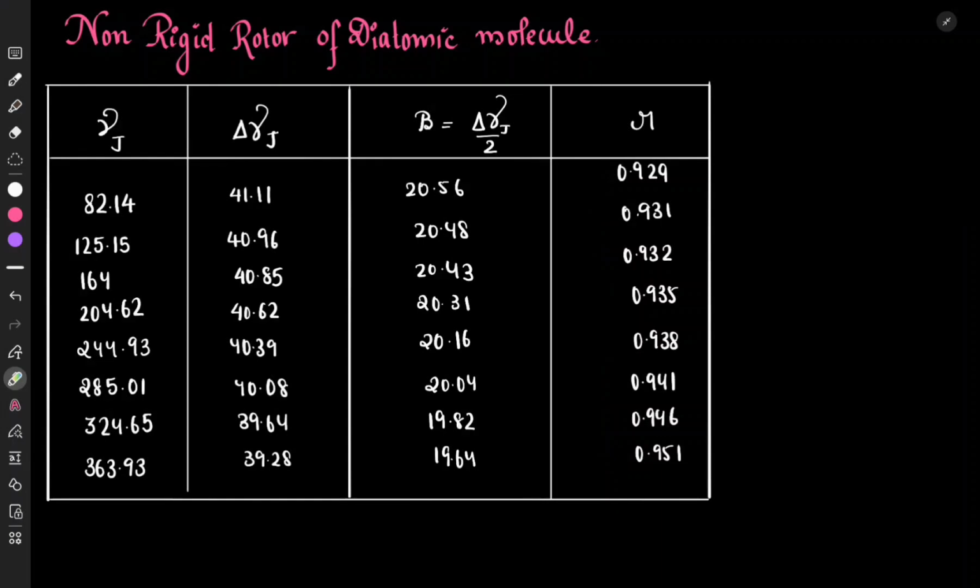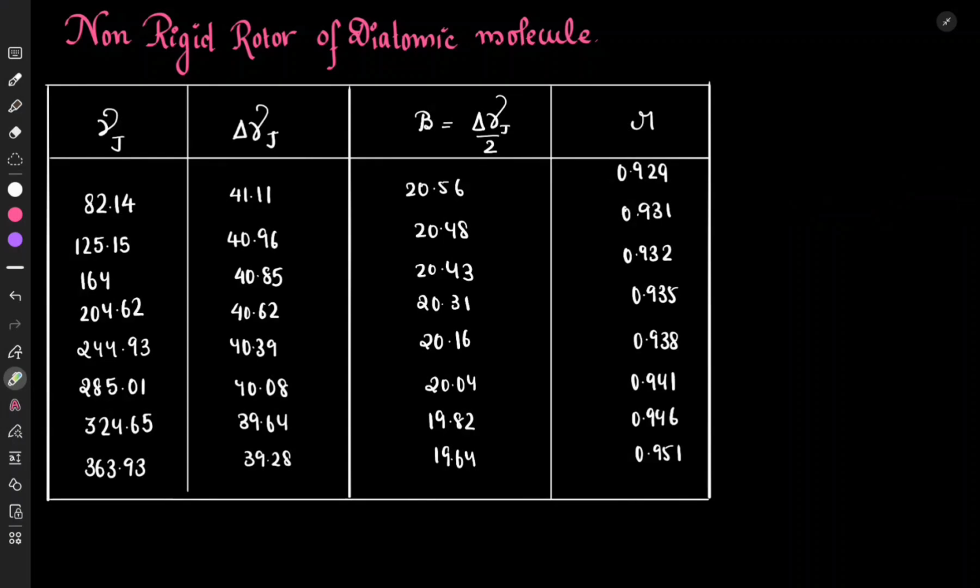As the speed increases, the J value increases, and the nuclei are thrown outside by a large centrifugal force. It results in a decrease in the value of the rotational constant, and we know that if bond length is larger, the moment of inertia is proportional to the square of the internuclear distance. So this is what I was trying to explain.